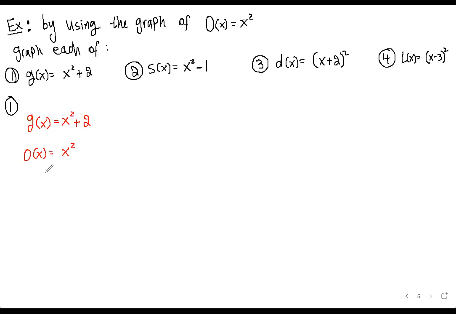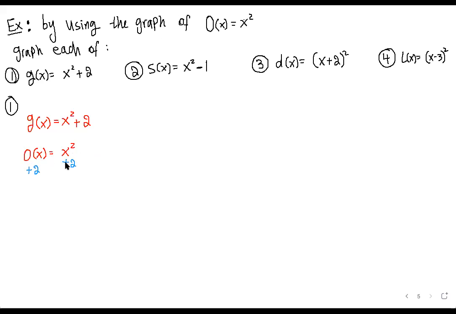So we're going to modify my original function such that it becomes exactly similar to g of x. So to make this function similar to g of x, since I have x squared, I have to add 2 to both sides. So plus 2, plus 2.